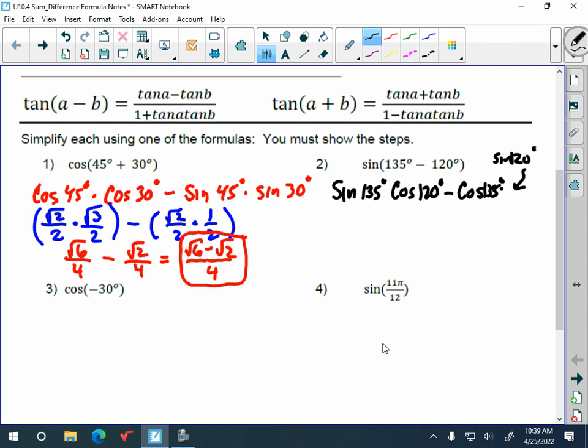All right, so sine of 135 degrees is what? Root 2 over 2. And it's positive, because 135 degrees is positive for sine in quadrant 2. Times, and then cosine 120, okay, that's going to be negative 1/2.